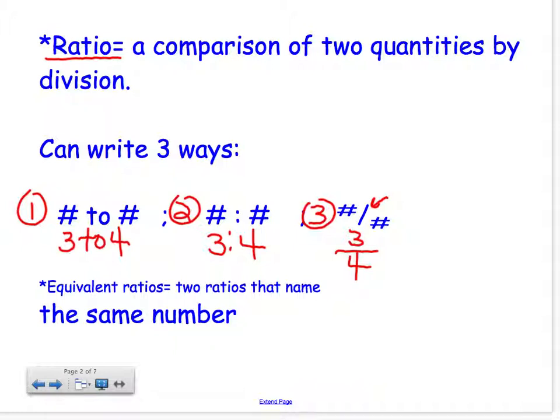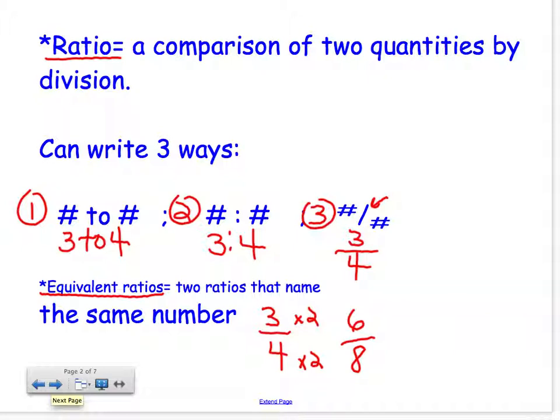The next vocabulary word you're going to want to know is equivalent ratios. Those are two ratios that name the same number. We find equivalent ratios in the same way that we find equivalent fractions. For example, if our ratio was 3 to 4, an equivalent ratio would be 6/8, just like we have an equivalent fraction.